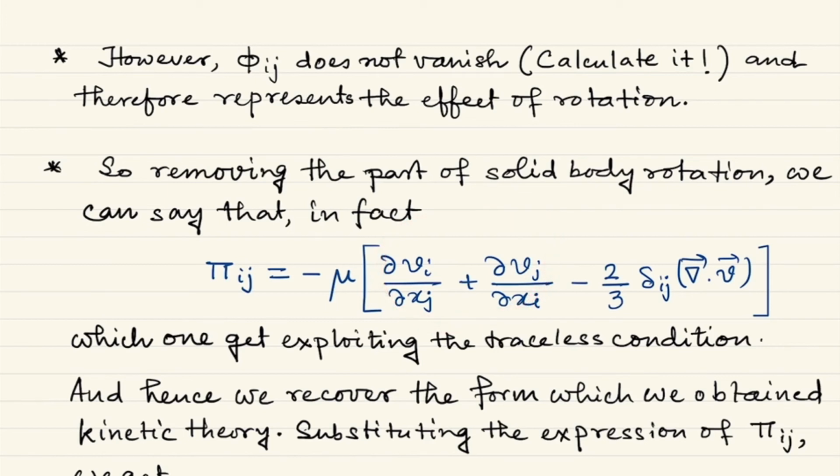But now we should not forget that there is another condition, that pi ij should be a traceless tensor. So pi ii, summation over i, should be 0, and if we consider that, we can show by some calculations that you have already seen when we were deriving the expression for pi ij starting from kinetic theory.